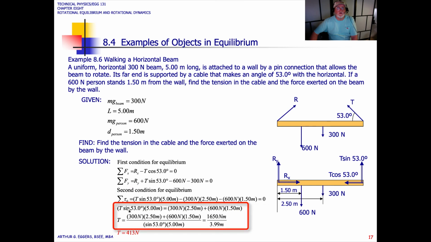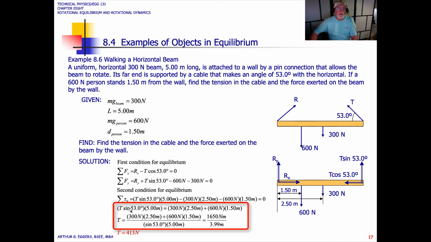So now let's rewrite the expression. T sine 53 times 5 meters equals 300 newtons times 2.5 meters plus 600 newtons times 1.5 meters. We do this so that we can get the term for the tension T by itself. So we're going to pull all of the other terms to the other side of the equation. All of this on the right is the numerator.